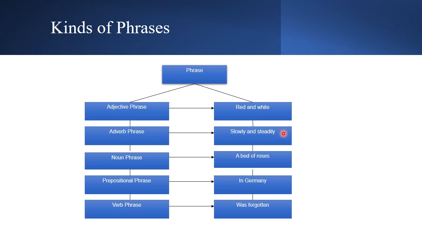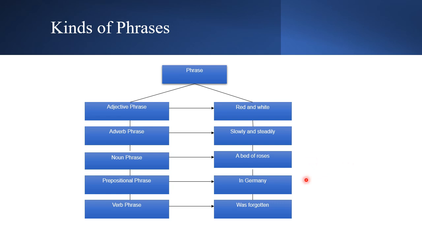Okay, so they are explaining a verb, so that's why they are an adverb phrase. Now if we only say she moved into the room slowly, that would be only an adverb, because if it is one word, it is an adverb. If it is two words, it's a phrase. So if it is two adverbs, it's an adverb phrase.